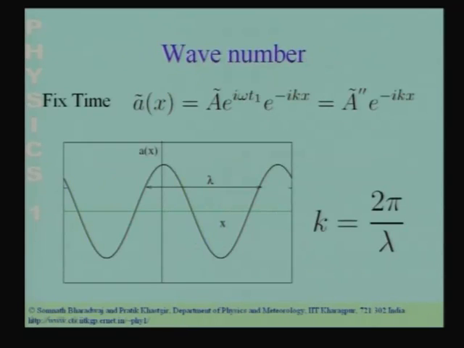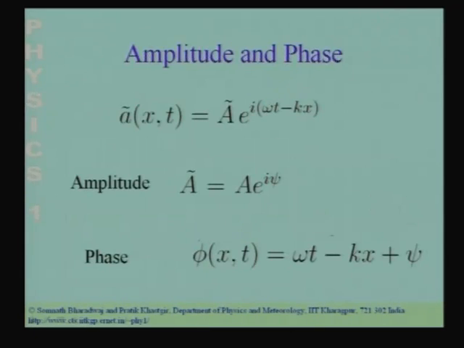Let us next look at the behavior of A at a fixed value of time. If you fix the time instant in the equation for A, you now have A as a function of the position alone.